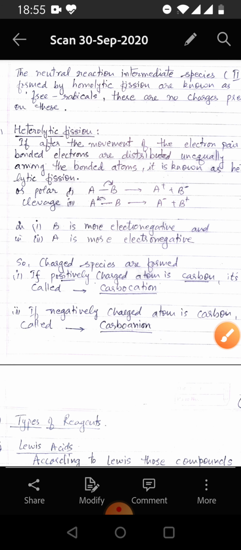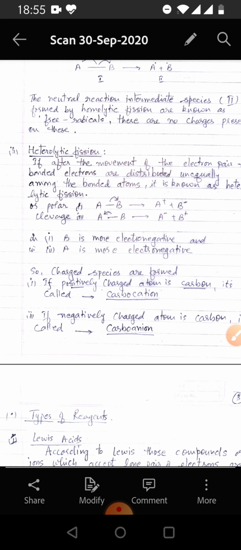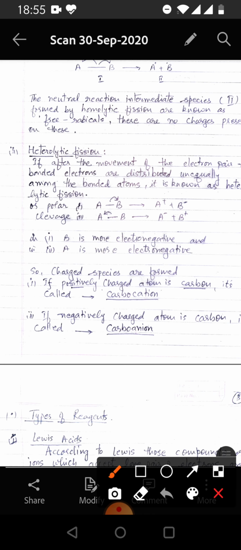If after the movement of the electron pair, the bonded electrons are distributed unequally among the bonded atoms, it is known as heterolytic fission or polar cleavage. So in this first case we see that the bond pair of the electron shifts on B, giving rise to A plus and B minus, and as the bond pair is totally shifting to B, this A becomes electron deficient.